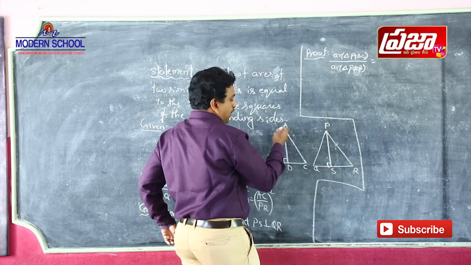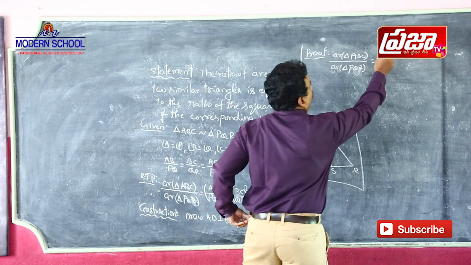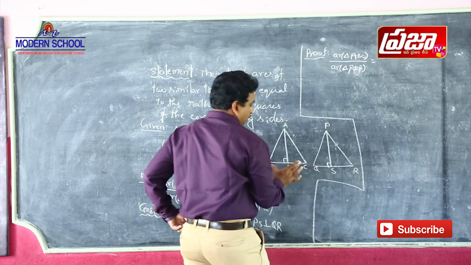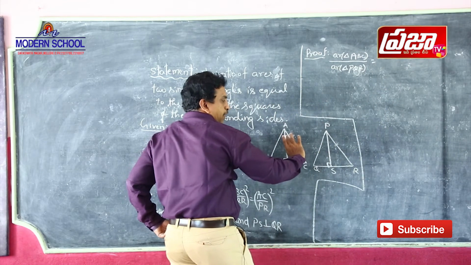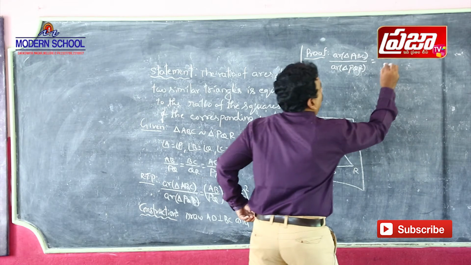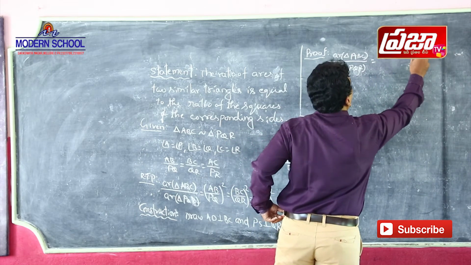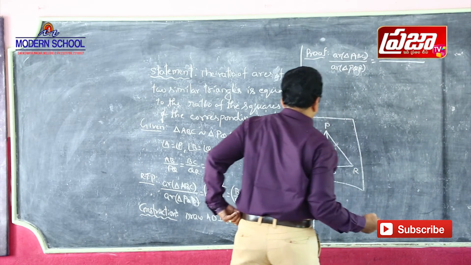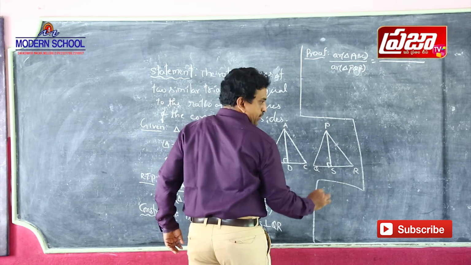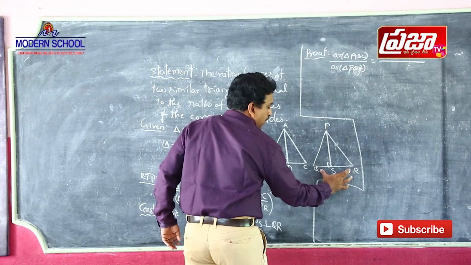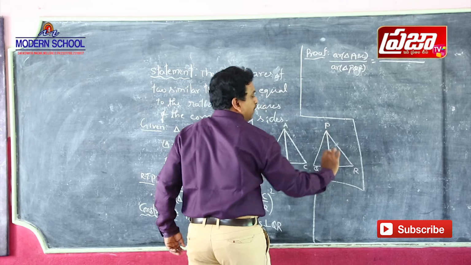So first find the area of triangle ABC. Half into base BC, its corresponding height AD, by, in triangle PQR the base is QR and its corresponding height is PS.